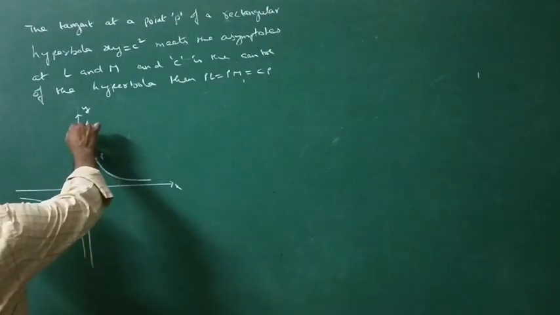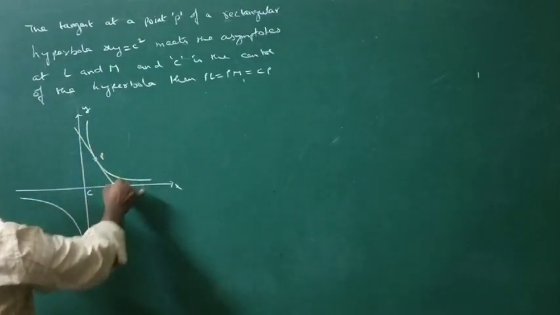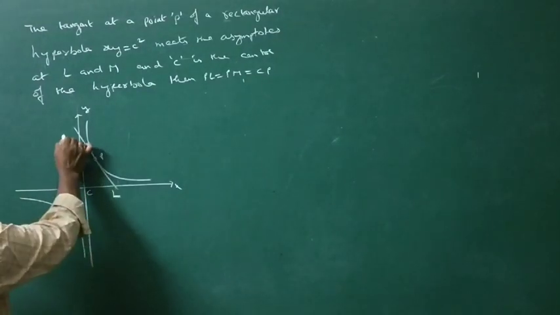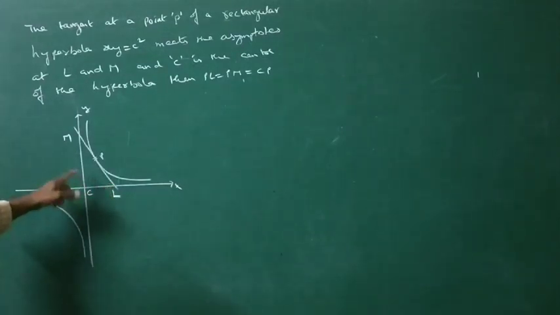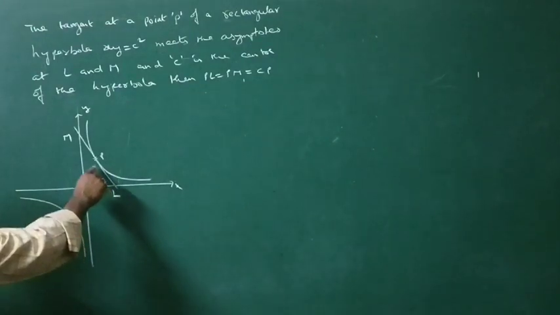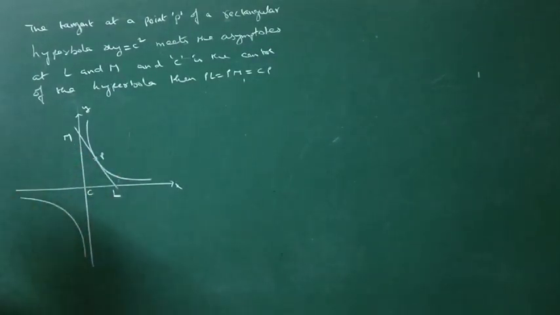The tangent at P meets the asymptotes at L and M. Asymptotes are nothing but the coordinate axis. Then the length PL is equal to PM and that is equal to CP.